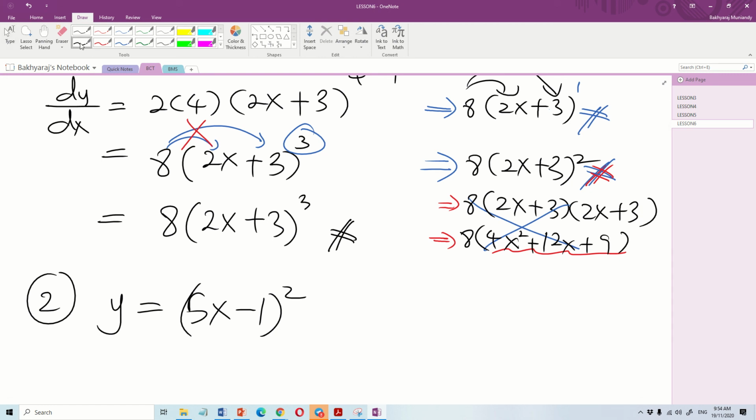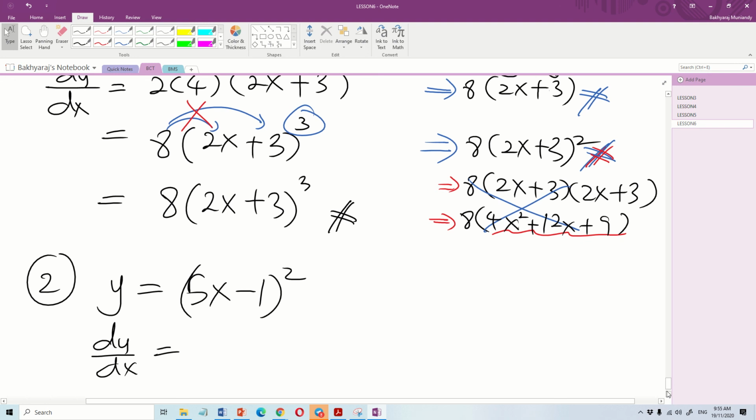Okay, anyone volunteer for the answer? dy/dx sama dengan last answer. Give me last answer. So you can dapat 10 times (5x minus 1) power of 1. Okay, kalau tak letak satu pun boleh, ini pun saya terima.